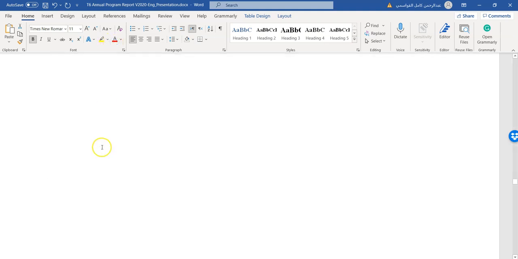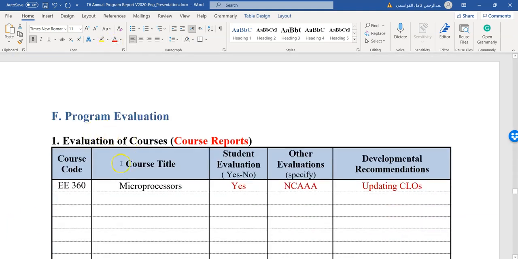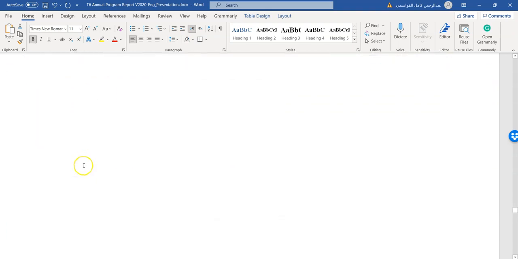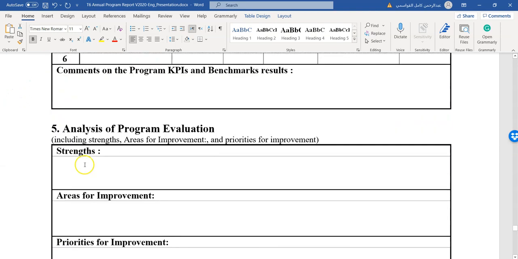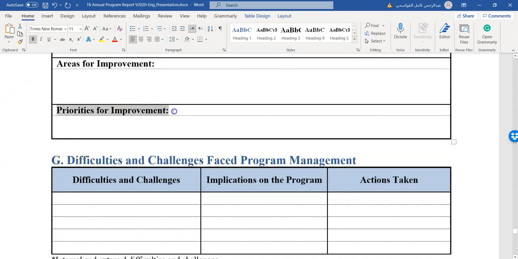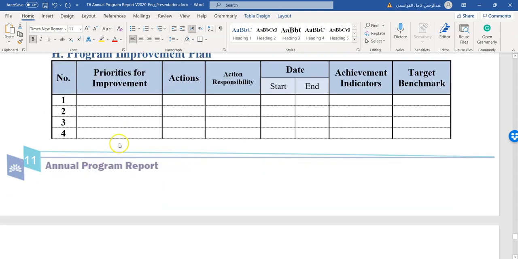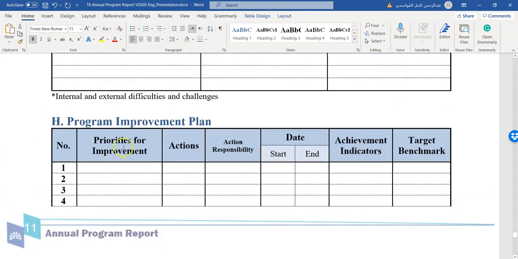Priorities for improvement. Also for program evaluation you have what we call here priorities of improvement, and based on all of them you are writing your improvement plan for each.